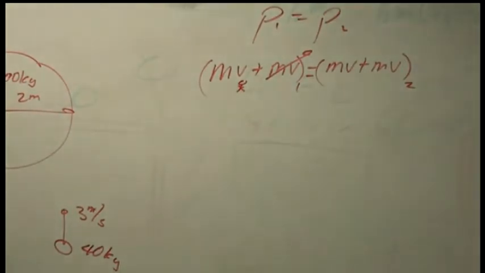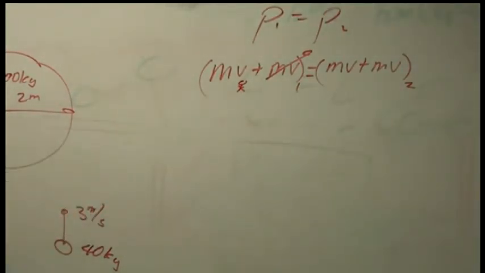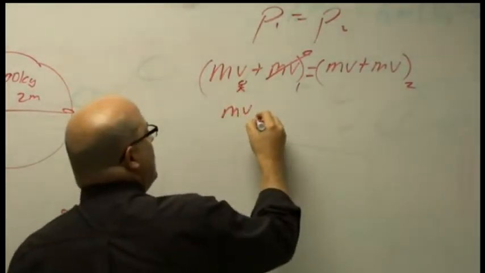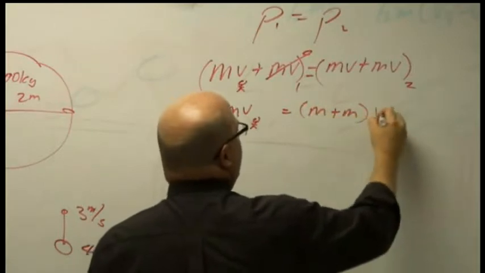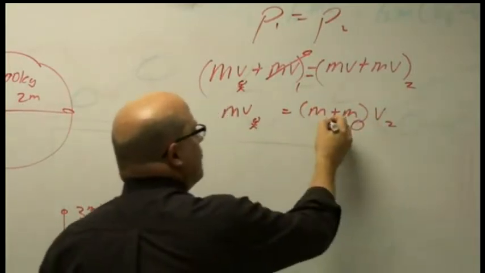Afterwards, both, but they're moving at the same speed. So it's going to be mv for the kid before equals m plus m, v afterwards, for the kid and for the big disk.